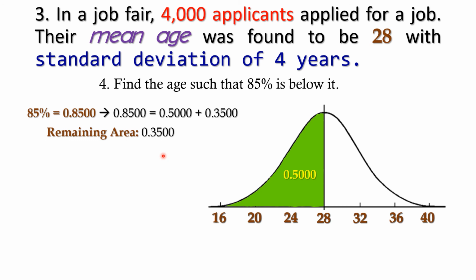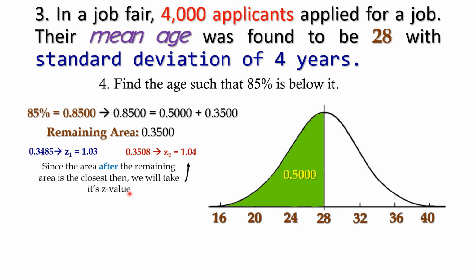So using our z table, we have to look for the two nearest areas before and after the remaining area. The nearest area before is 0.3485, which corresponds to z equals 1.03. And the area nearest after the remaining area is 0.3508, which corresponds to a z-score of 1.04.